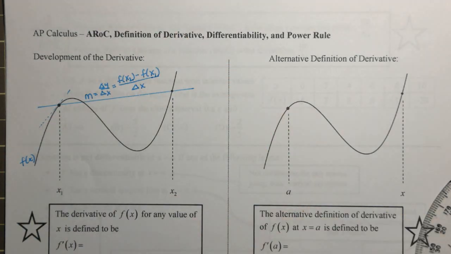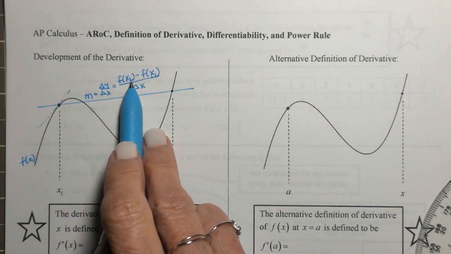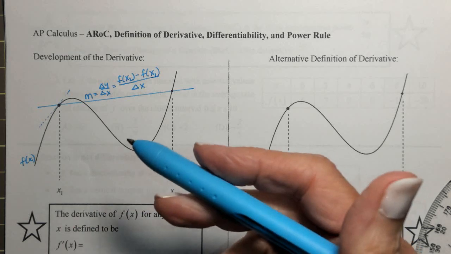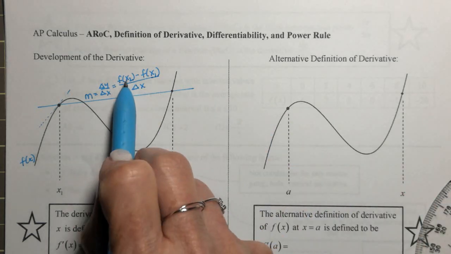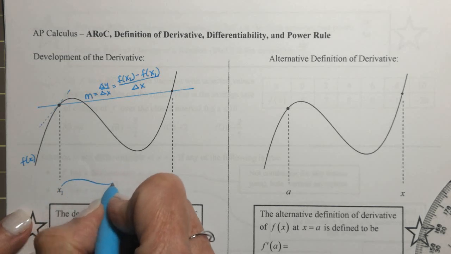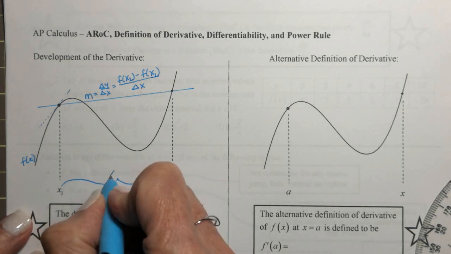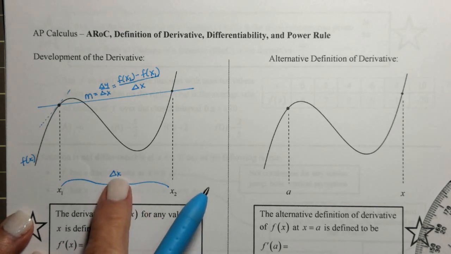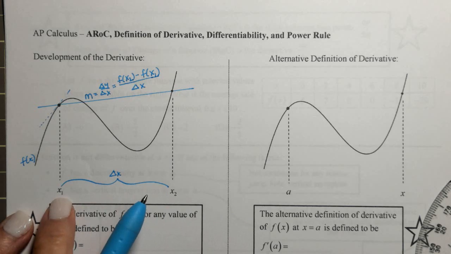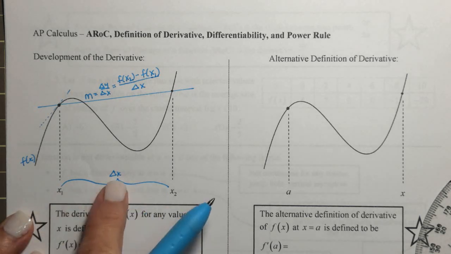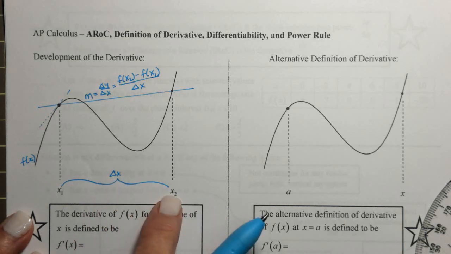Now, I would like to write this in terms of the fewest number of letters that I can write. So instead of writing x2, you agree that change in x is x2 minus x1, right? Another way to write that would be x1 plus change in x would be x2.